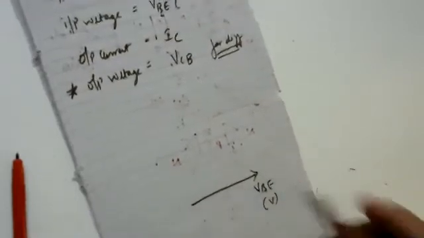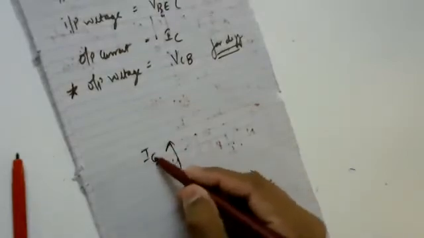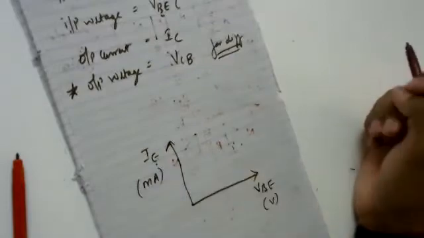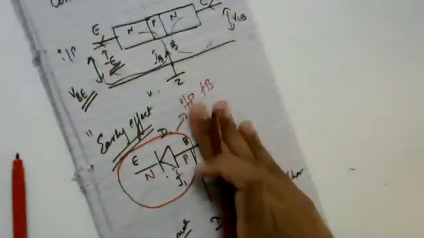This is my VBE, defined in terms of volts, and this is my IE, the input current, defined in terms of milliamps. Now I'm having a silicon diode over here. Forget about this section.